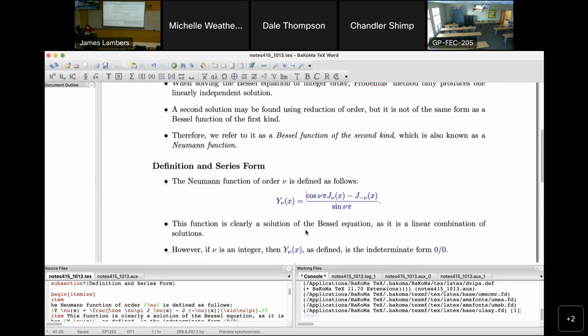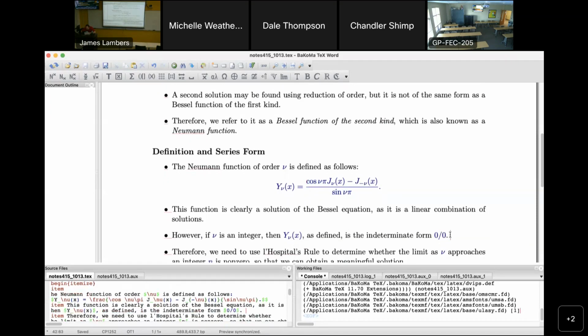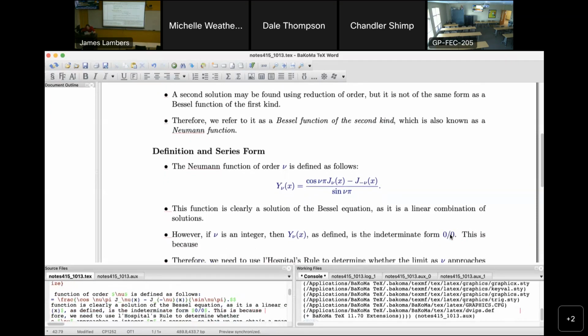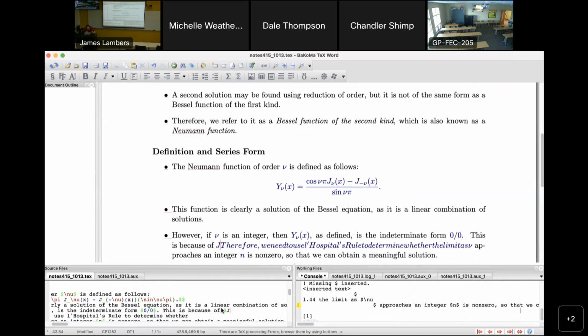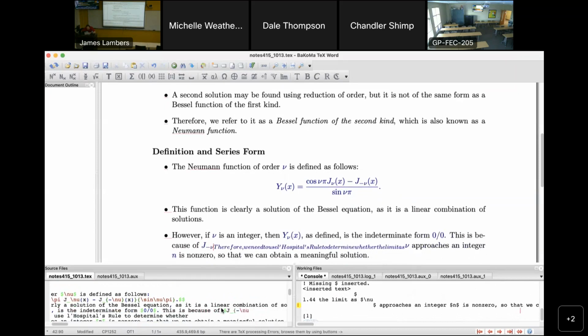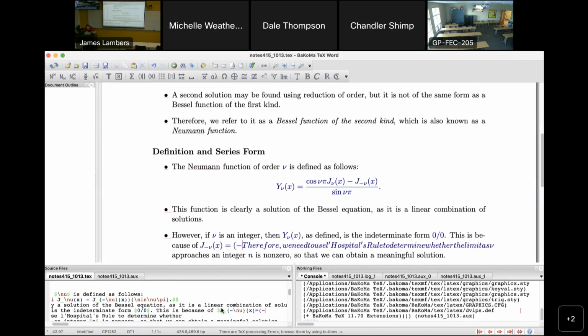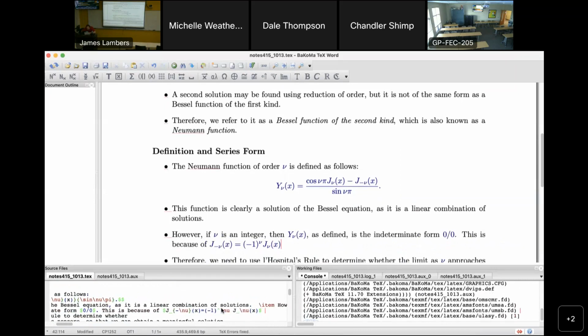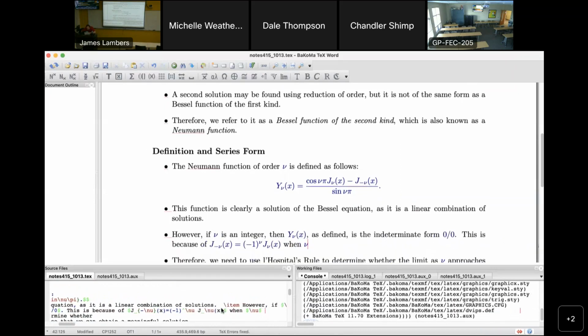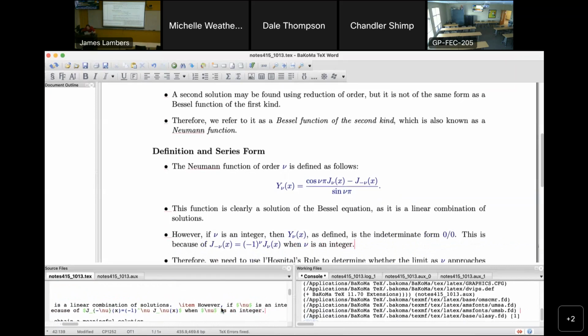So we've seen that before: J minus nu of x equals minus 1 to the nu times J nu of x, when nu is an integer. Because of this relationship, not only is the denominator 0, the numerator is also 0. So we have an indeterminate form, 0 over 0.